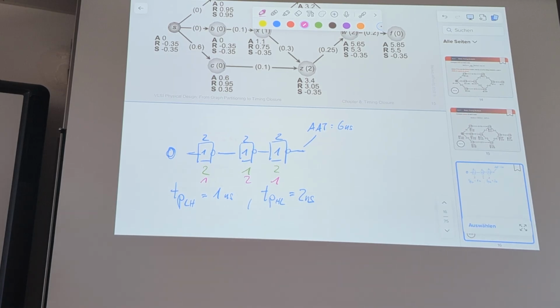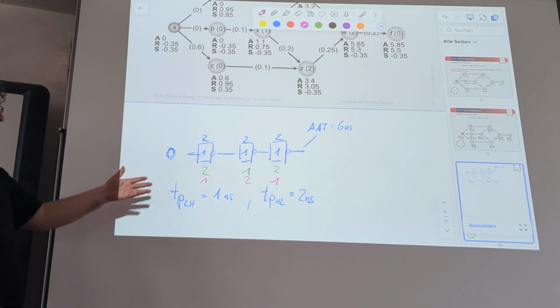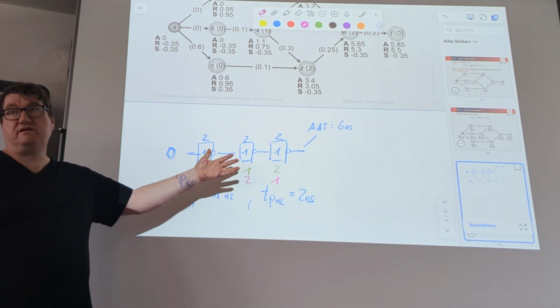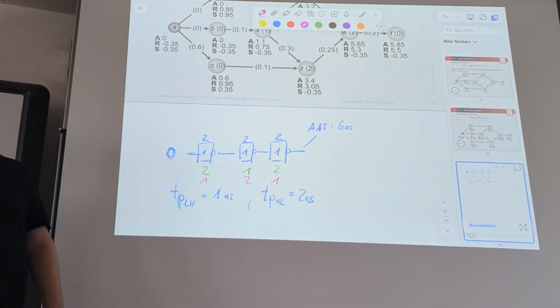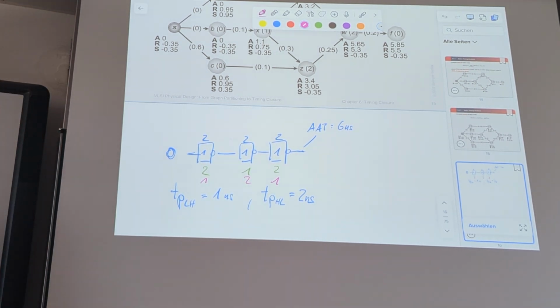And there is a method to include this by adding the notion that we saw in the Liberty file, that the gate is positive unate or negative unate. So when we have a rising transition at the input, then we will have a rising transition at the output. This is true for OR gates, AND gates.